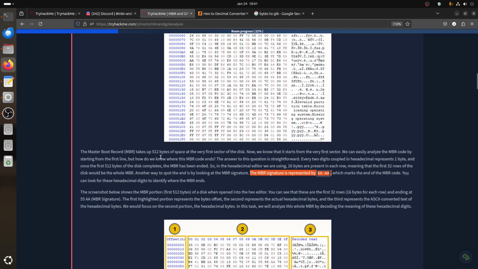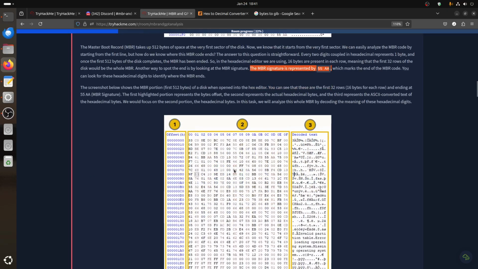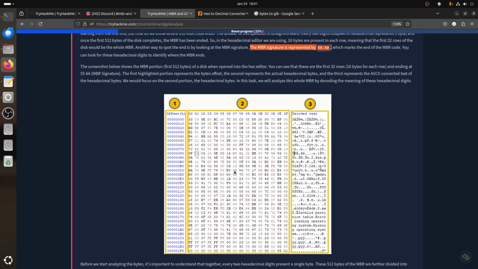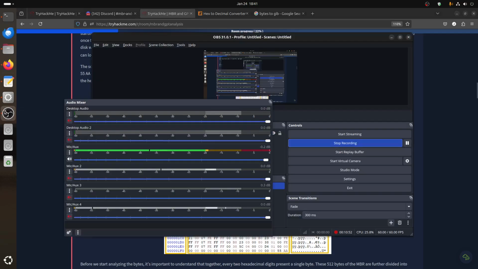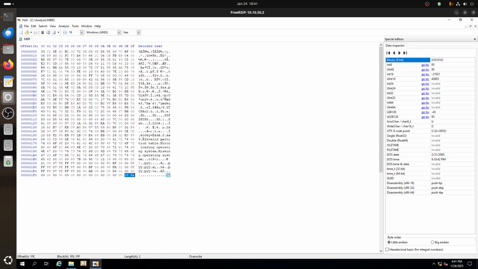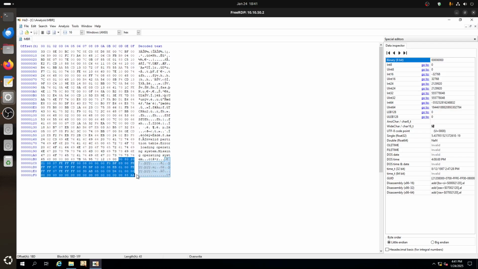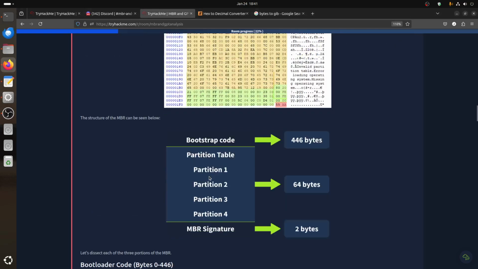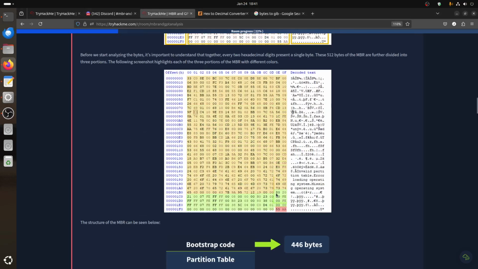Now the master boot record is 512 bytes. The screenshot is this, so you can quickly see the axis and all that. So that's the axis, and then this is the part we're interested in. The top one, the 80 20, and leave the 55 AA.